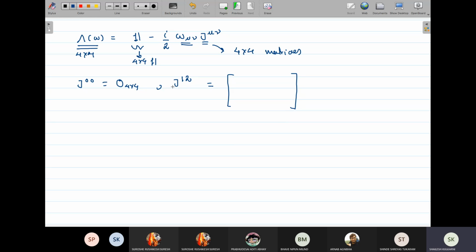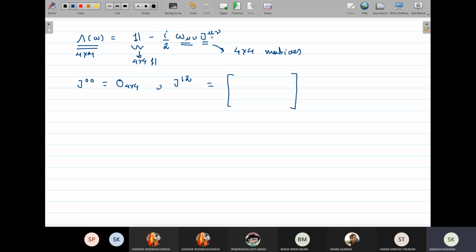So how many such matrices will be there? That will be decided by how many independent parameters there are. There will be 6 independent parameters, so there will be 6 independent matrices. This tells us that only the antisymmetric part of this J mu nu will contribute to this expression, so we can as well take J mu nu to be antisymmetric in mu nu.